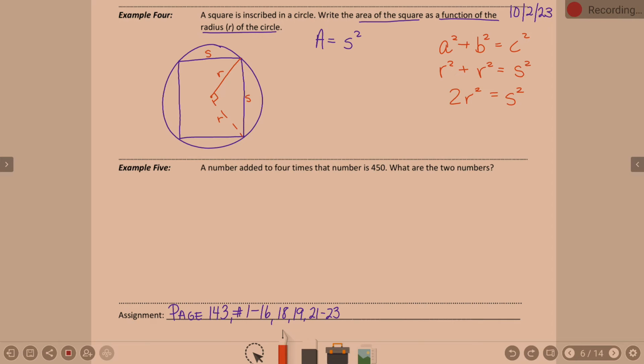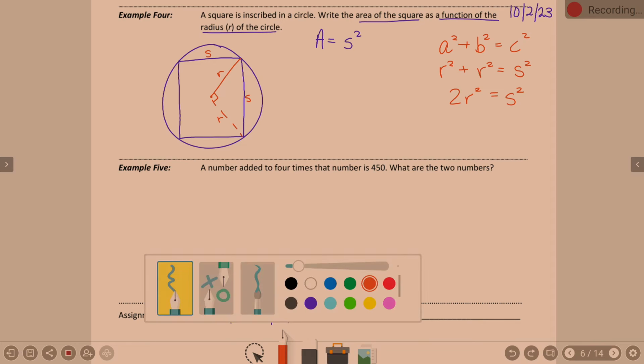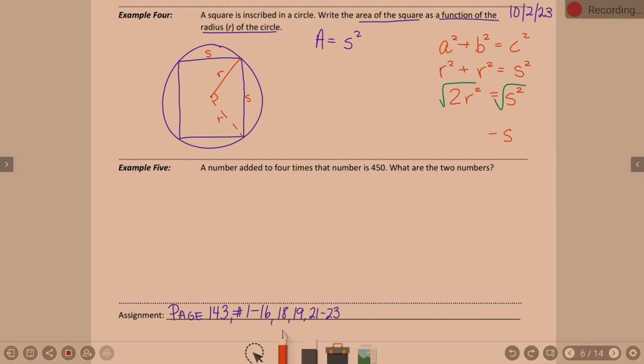And so if I square root, the idea is then the square root of S squared is S. The square root of 2R squared, well, the square root of 2 is square root of 2. We can't do anything with that.